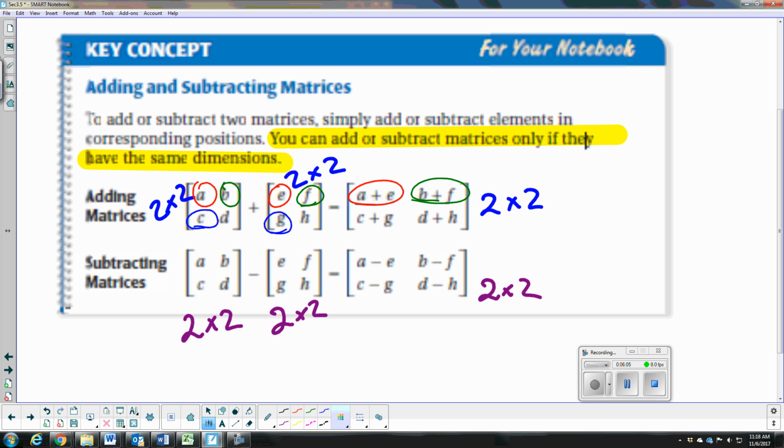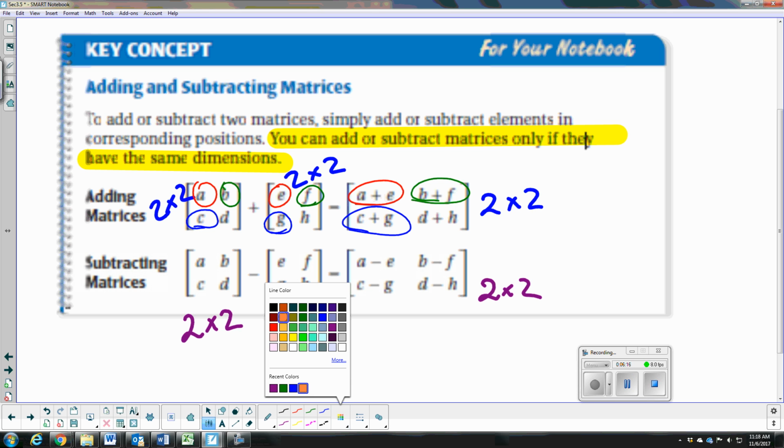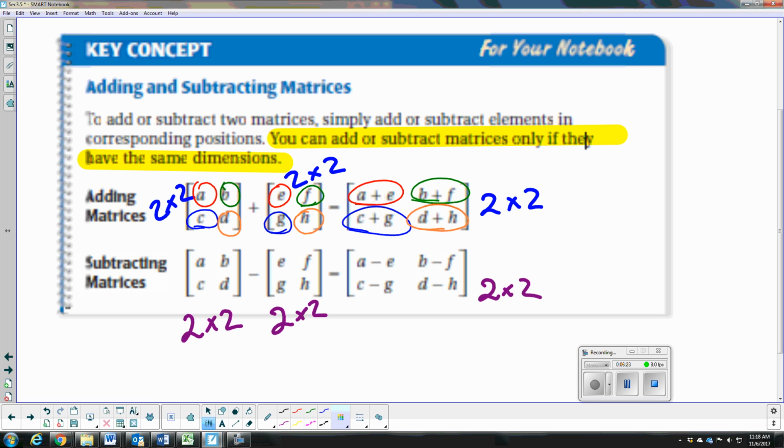C plus G, that's our second row, first column, gives us our second row, first column. And then lastly, our second row, second column, D plus H, gives us our second row, second column. Okay, so that's the same with subtraction. Add these two together. Add these two together. C and G, or subtract rather, and then D and H. Okay, so corresponding elements in corresponding positions.